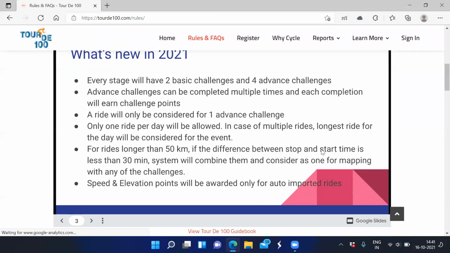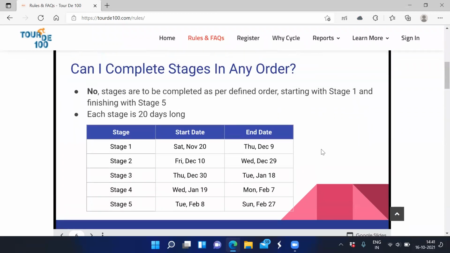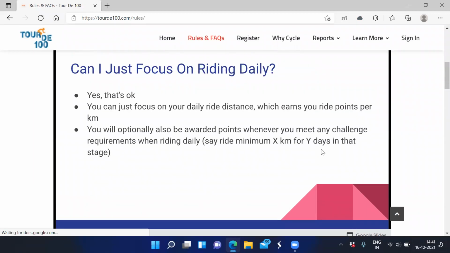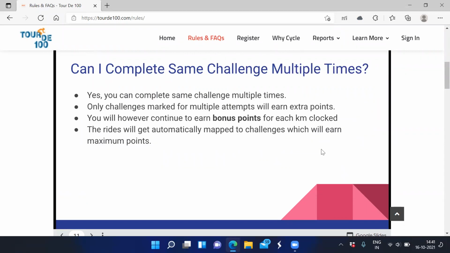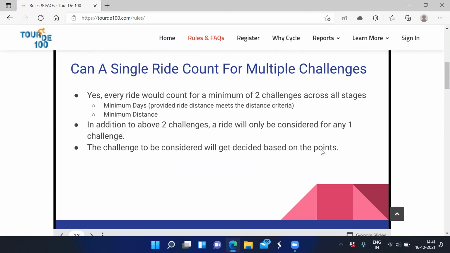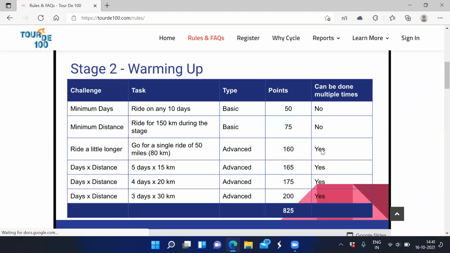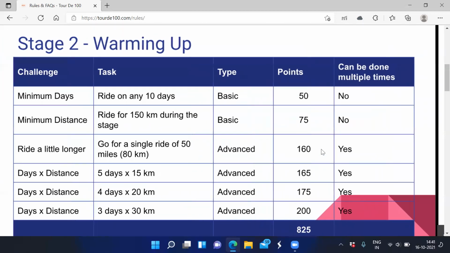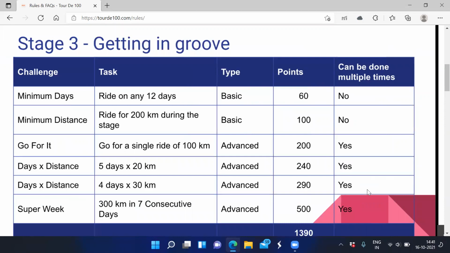Then in stage 2, I'll ride 30 kilometers on the weekdays, and on the weekends I need to clock 80 kilometers. Like that I can get my kilometers done. And then in stage 3, I'll ride 40 kilometers a day on the weekdays, and on the weekends I'll clock 100 kilometers.